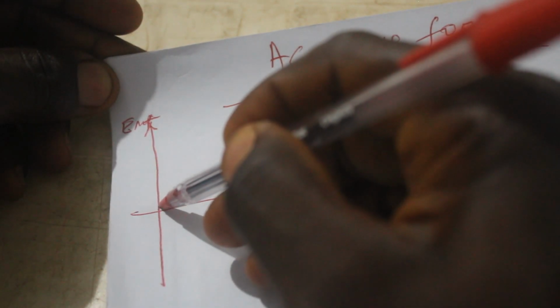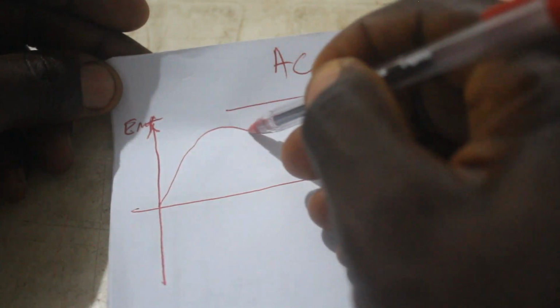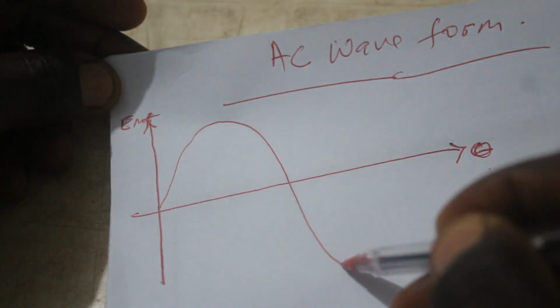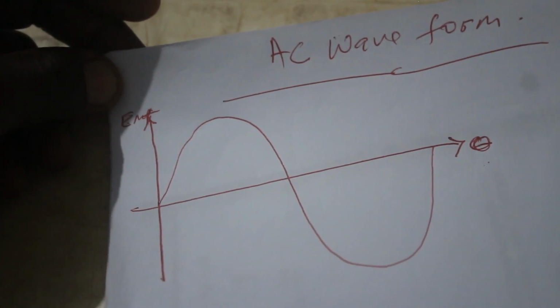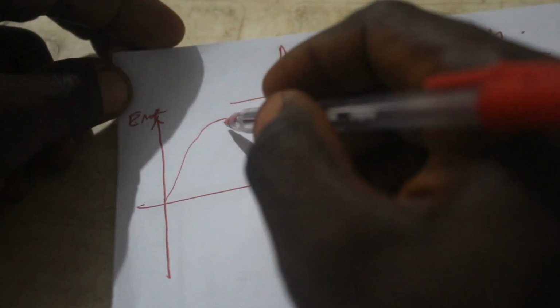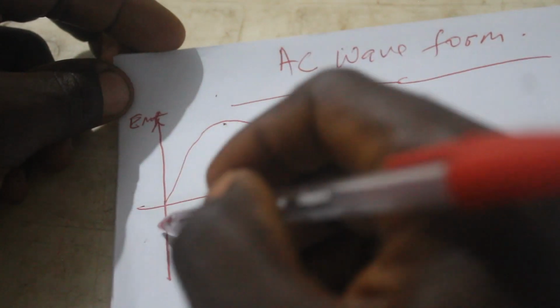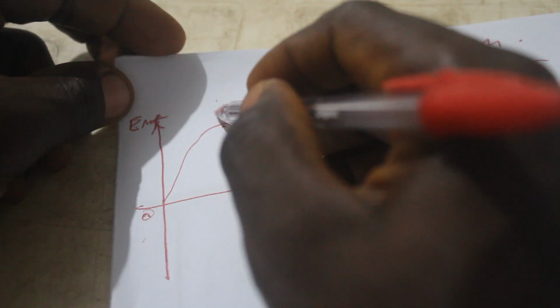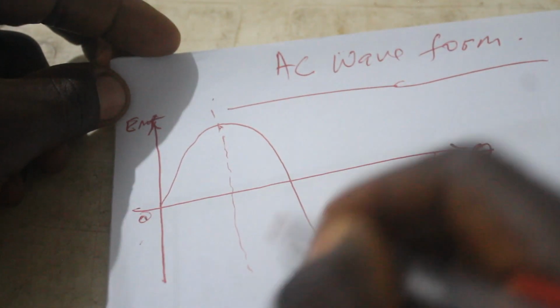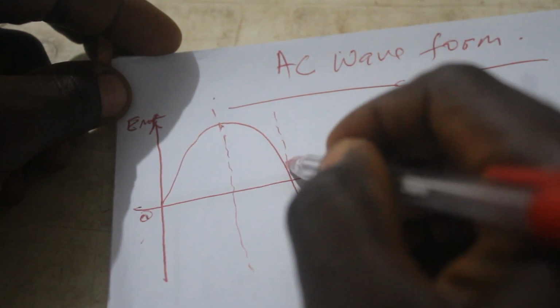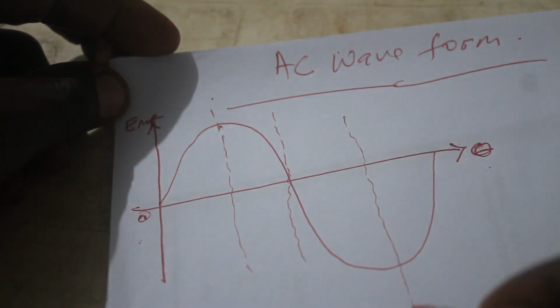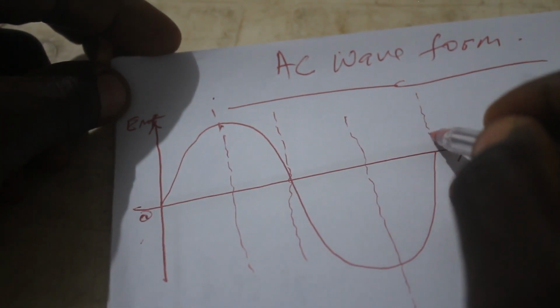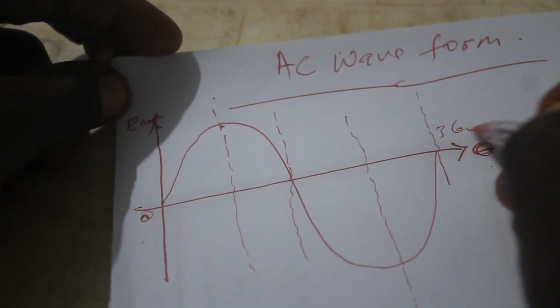It goes upward and then downward and then upward again. Of course, here is 0 degrees, here is 90 degrees, here is 180 degrees, here is 270 degrees, and here is 360.